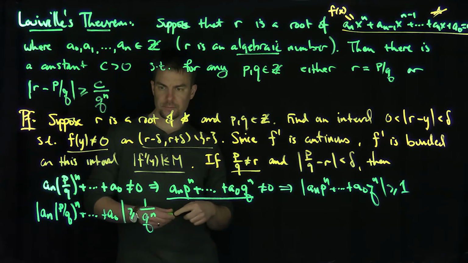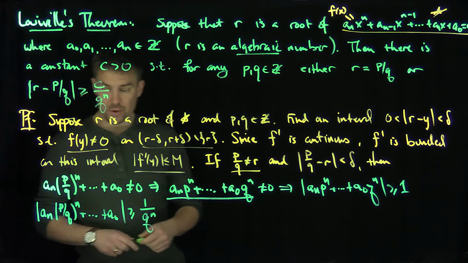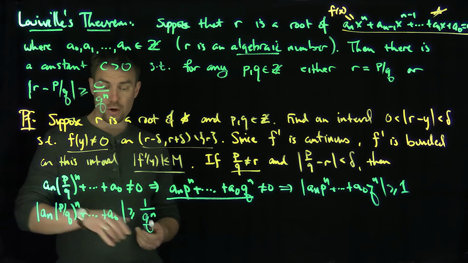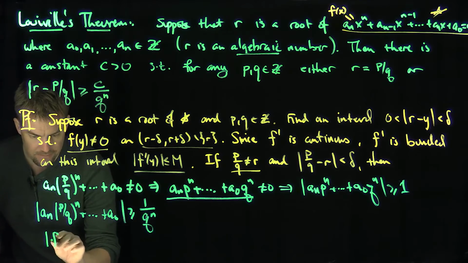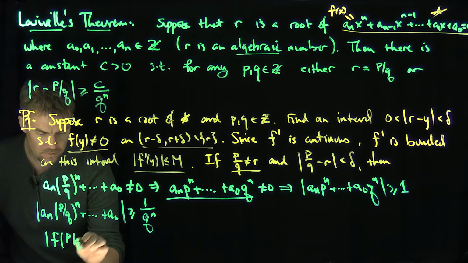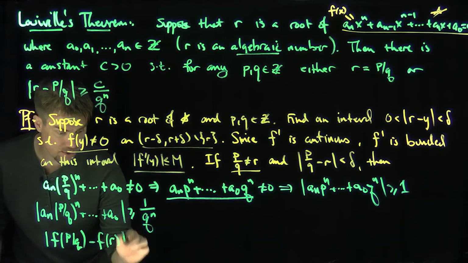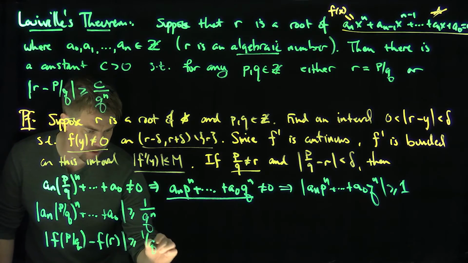Okay, excellent. So now, of course, that's f of p over q. And since f of r is equal to 0, I can conclude that |f(p/q) - f(r)| is bigger than or equal to 1 over q to the n.